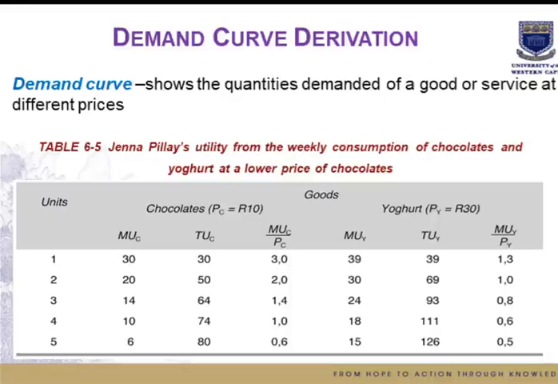She now maximizes total utility by consuming 4 units of chocolate and 2 units of yogurt per week. Again, please confirm if this combination utilizes all the available income. Note that at the new equilibrium, Jenna's ratio of marginal utilities is equal to the price ratio of the two goods.